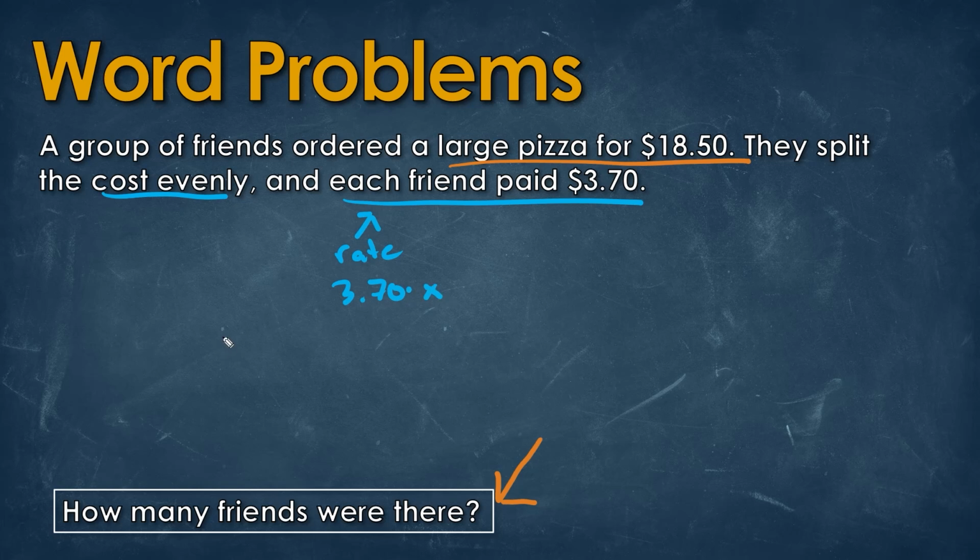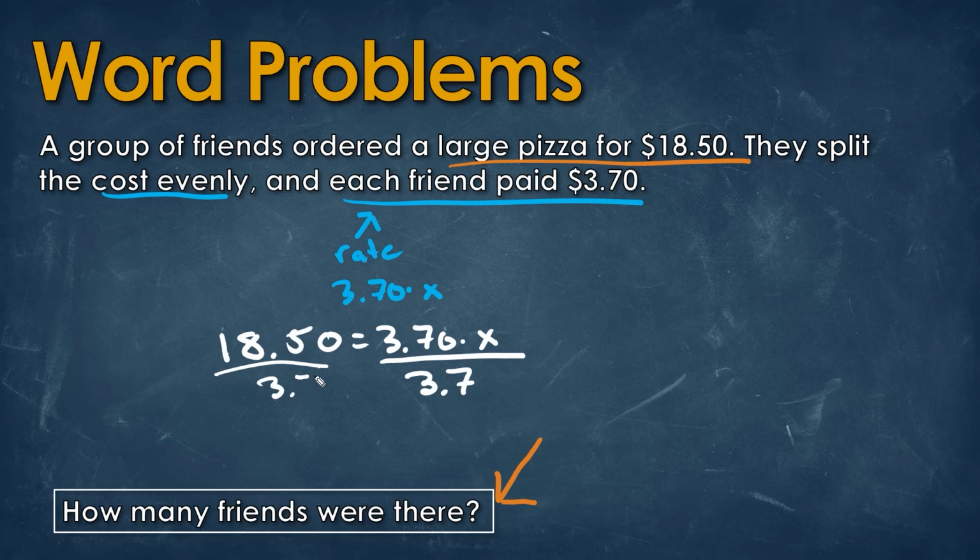If we plug this into an equation, we're going to get 18.50 is equal to 3.70 times x. To get x by itself, since we have multiplication of those two values, we're going to divide by 3.7 on both sides. It's going to cancel out on the right side. So we're going to get that x is equal to 5. So there will be 5 friends that will split the cost evenly for the one pizza.